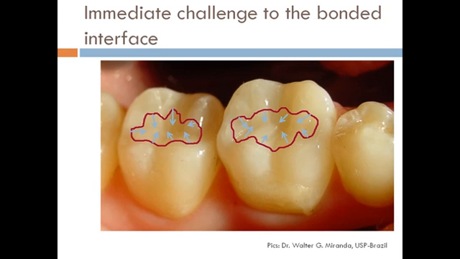What's important here is that the shrinkage taking place is making the composite contract towards the middle of the restoration, which means it's pulling away from the margin. What that means is that in this red line around here, you are seeing a gap that opens up between the tooth and the restoration, and that is a place where a lot of bacteria can thrive and form a secondary biofilm.